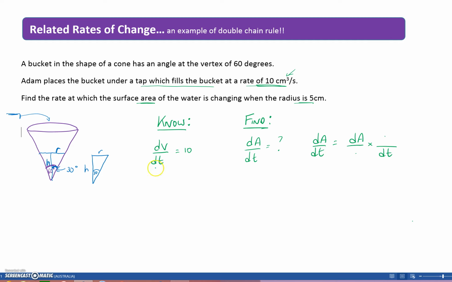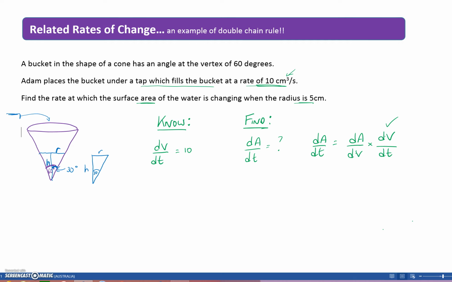So in this case, we know something about the volume, so dV and dV. So this one gets a tick, we know that, that's actually equal to 10. But this one here, dA/dV, we actually don't have any expression that relates area to volume or volume to area.